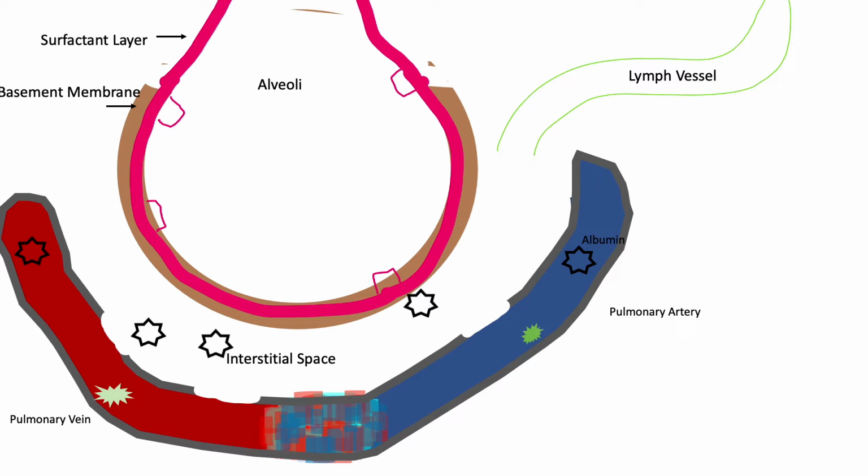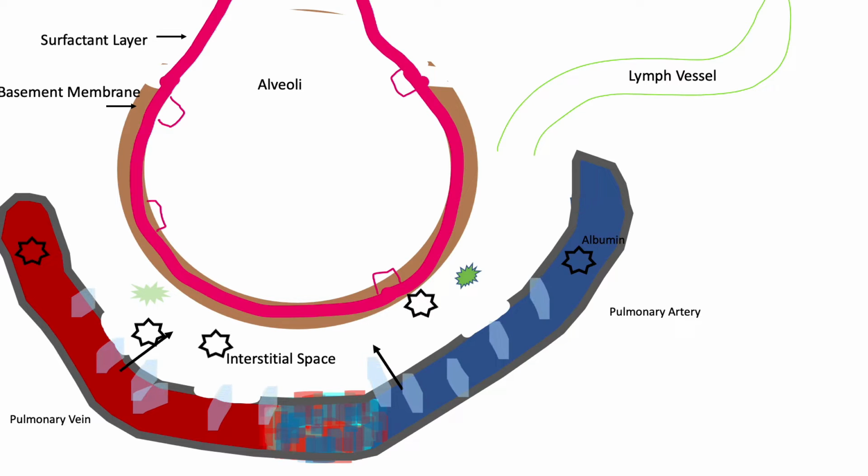And remember, those proteins will give us that nice oncotic pressure to pull fluid back into the plasma. Therefore, the fluid wants to follow those proteins into the interstitial space. Other things that accumulate are white blood cells, which are great for fighting off infections and inflammation, but they can actually cause damage to the alveoli wall. So now our fluid is getting pulled into the interstitial space.